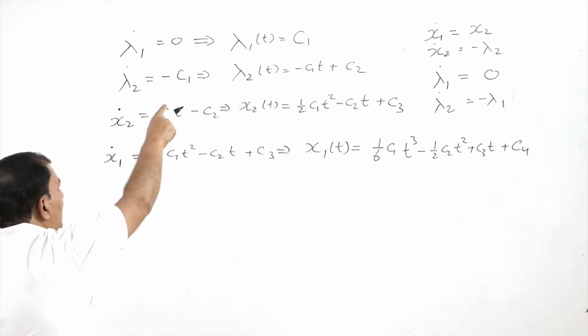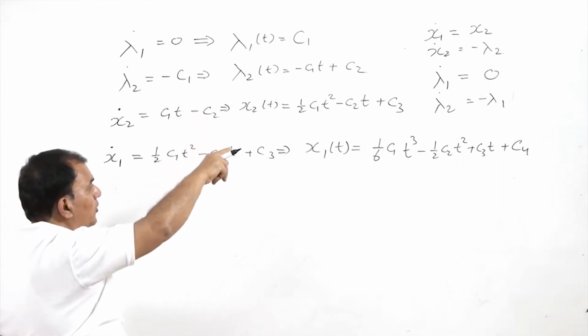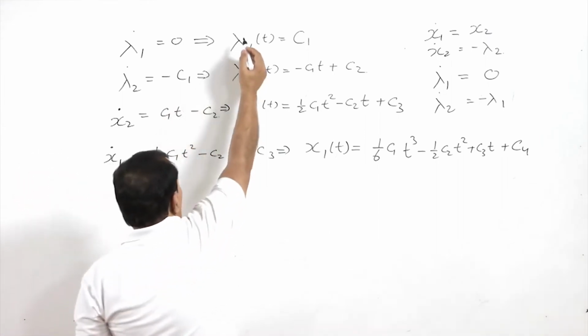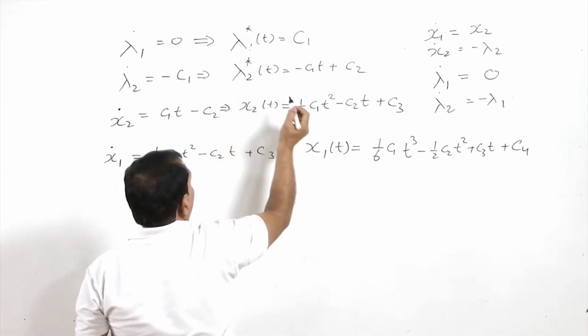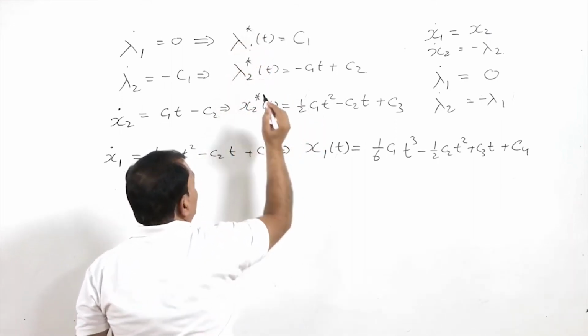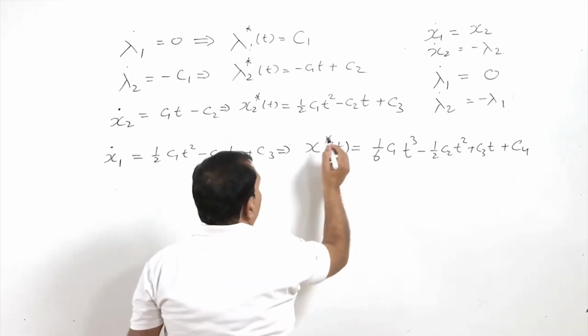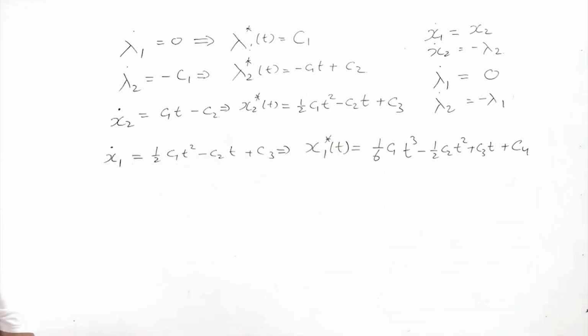So I have lambda 1 t, lambda 2 t, x2 t, x1 t, and we can note these are all optimal values, because they are determined on the optimal u.